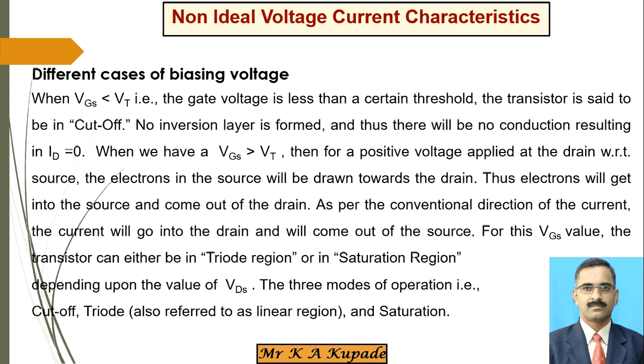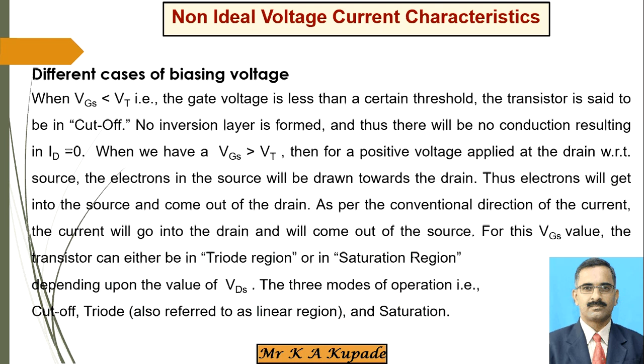But when you increase VGS above the threshold voltage, and a positive voltage is applied at the drain with respect to the source, the electrons in the source will be drawn towards the drain through the channel.